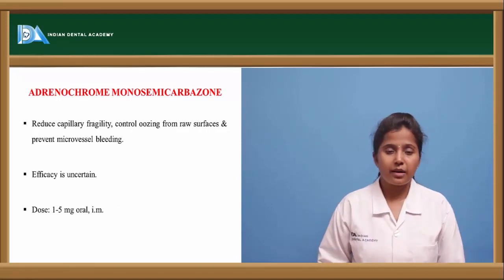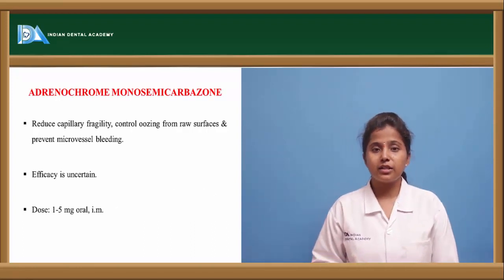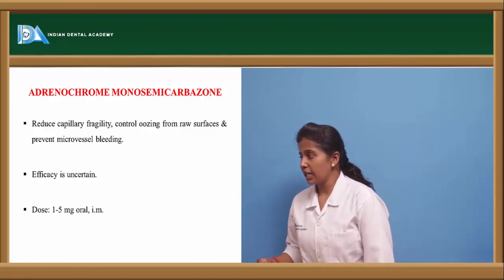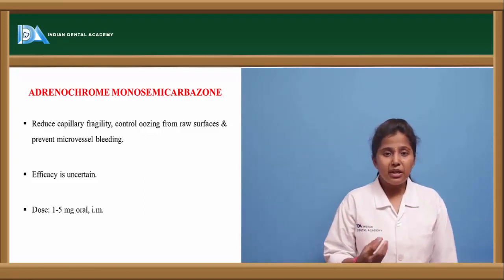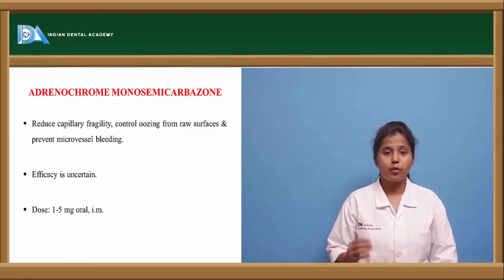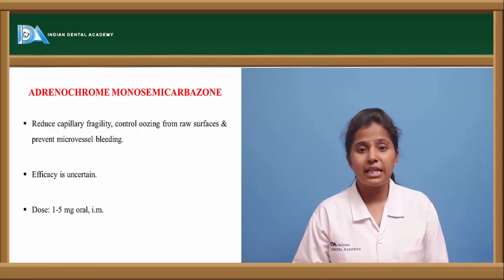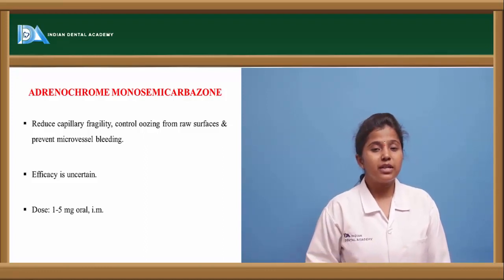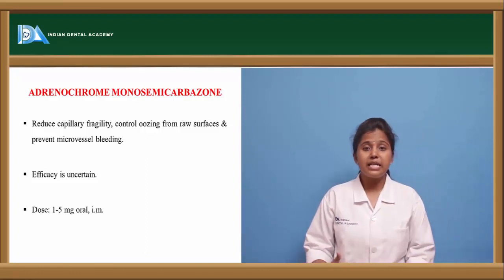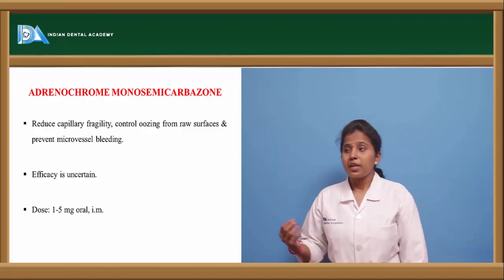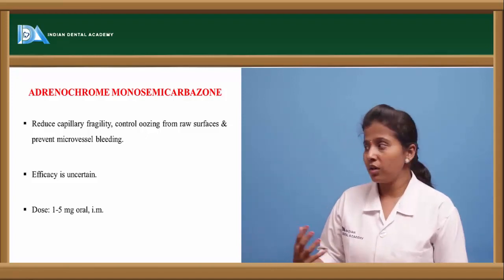Adrenochrome monosemicarbazone. This is one of the miscellaneous drugs which is used as a coagulant. It reduces capillary fragility. In the body we have blood vessels: arteries, veins, capillaries, and minute capillaries. These capillaries are a network of blood vessels which are very sensitive. So what does this drug do?